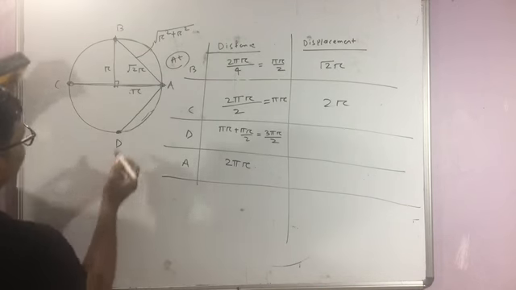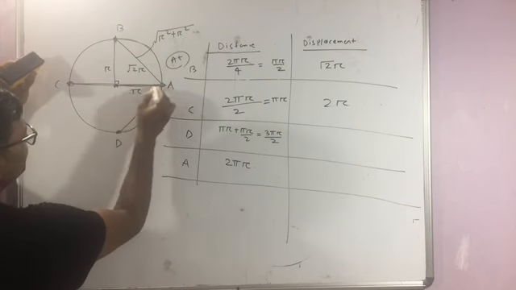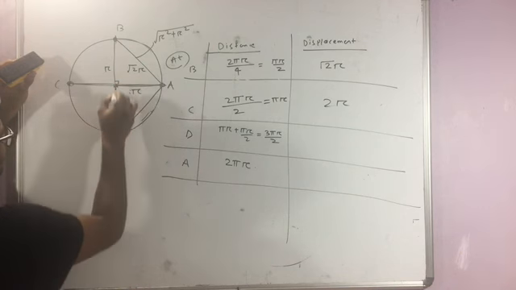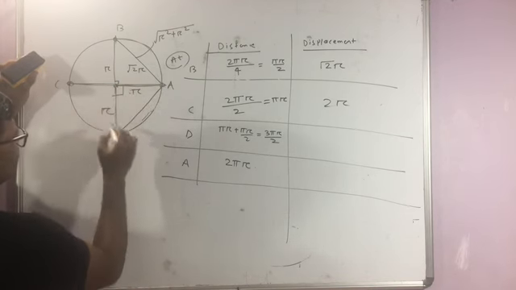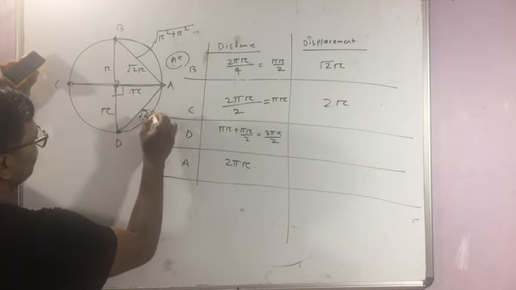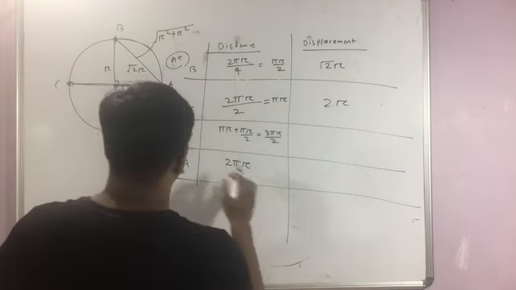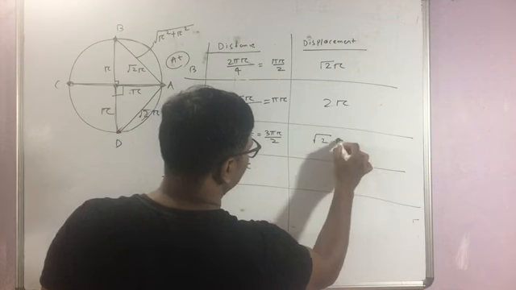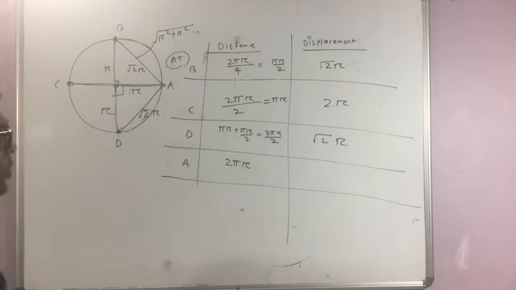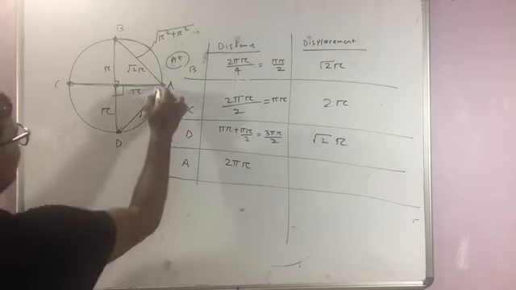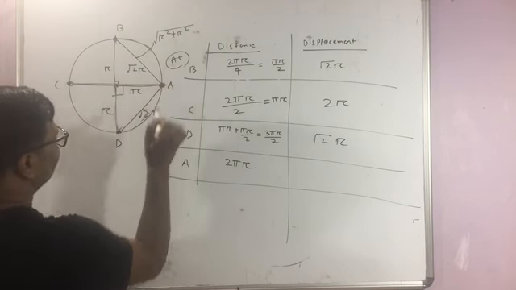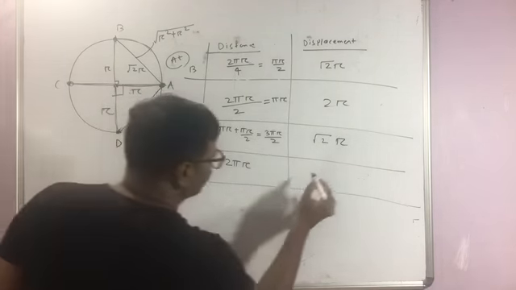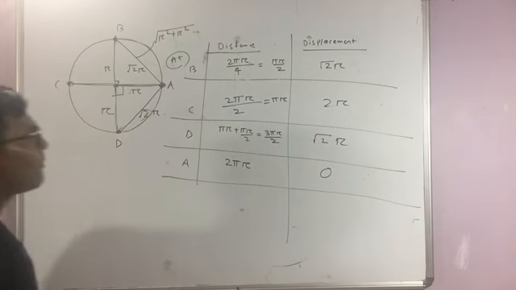This length will be r, and this will also be r. If this is r, this is r, and this is 90 degrees, this will again be root 2 r. So at point D, your displacement will be root 2 r. And at point A, the initial and final point are both the same, so your displacement is 0.